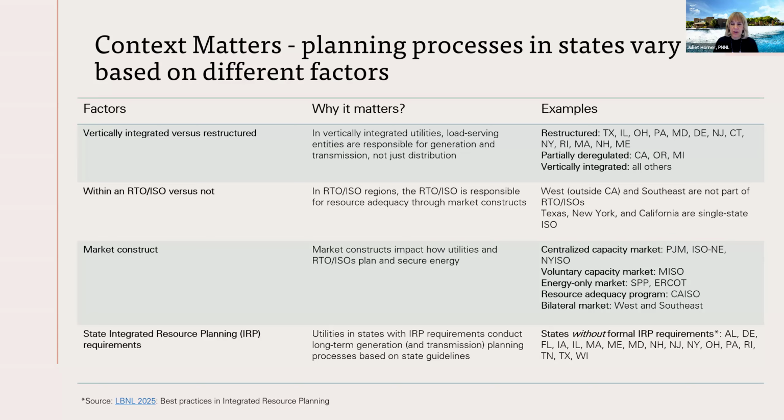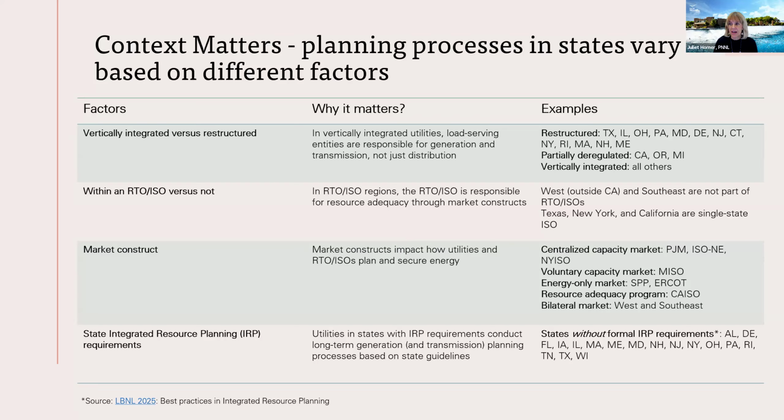So a vertically integrated utility is one that owns and is responsible for everything from generation through transmission and on to distribution. So the load serving entities, you might hear that referred to as LSEs, in vertically integrated states, like I said, handle generation, transmission, and distribution.